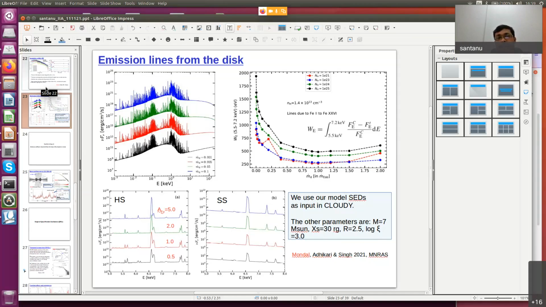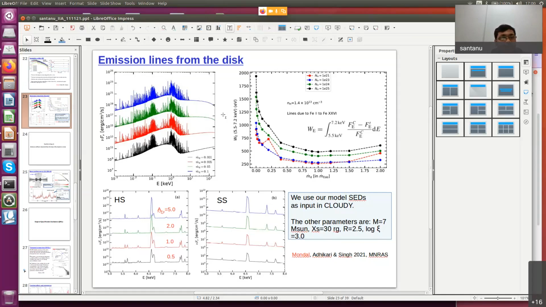Or else you just take the different emission line ratios and then, using your model, try to infer the accretion rates. Sure, we can definitely do that. Actually, that can show the changing look phenomena also, these line ratios. Probably, yes. That we can definitely do.